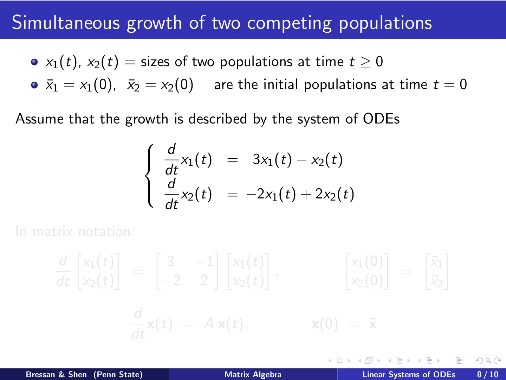So what is the physical interpretation of this equation? Let's take a look. For the first equation here, it says that the population for x1 is changing following this formula. Let's consider the case where x2 is 0, meaning x1 is there alone without x2. And then we see that it is just exponential growth for x1 by itself with the rate 3.